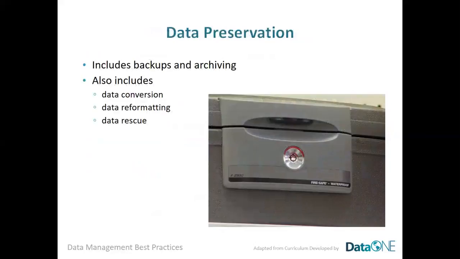And then there's also data rescue, which is if you've got a hard drive that's failed, there are data rescue services where they can actually recover that data, or at least attempt to do it. These types of things, conversion, reformatting and rescue, are all part of data preservation, which is a broader issue than just simple backups and archiving.